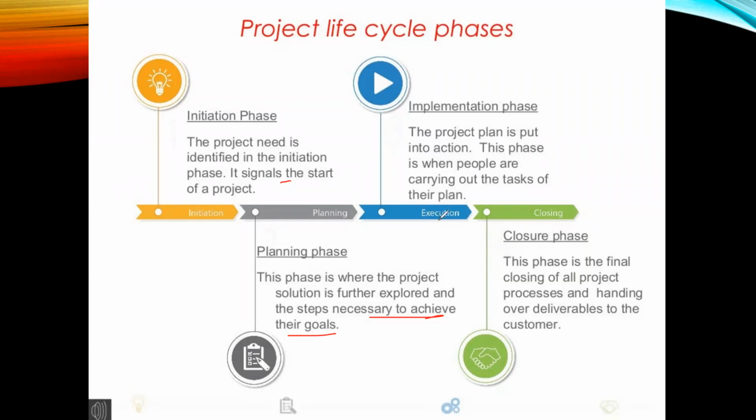As discussed, it is what actually happens and what we implement from the planning phase. This is where the plan, we say in words, is put into action. This is when people start carrying out tasks, working on them, and executing what was planned in the previous phase.